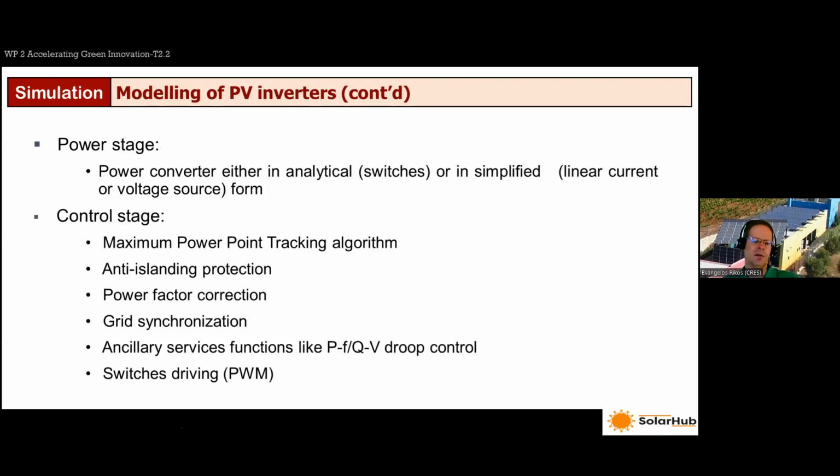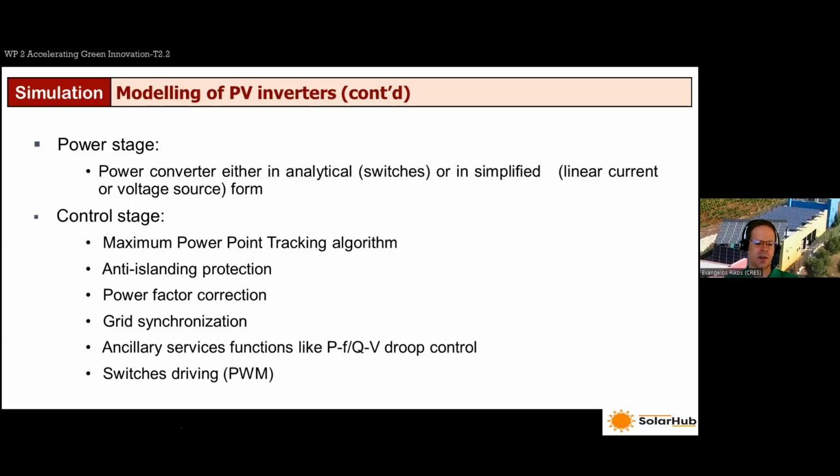The power stage can be simplified, and instead of analytical or switching modeling, one could use linear current and voltage sources. And the control stages should perhaps include multiple of the functionalities we mentioned earlier. I mean, the MPPT itself, and some other functionalities depending on the study we want to do, or one could omit those functions as well.